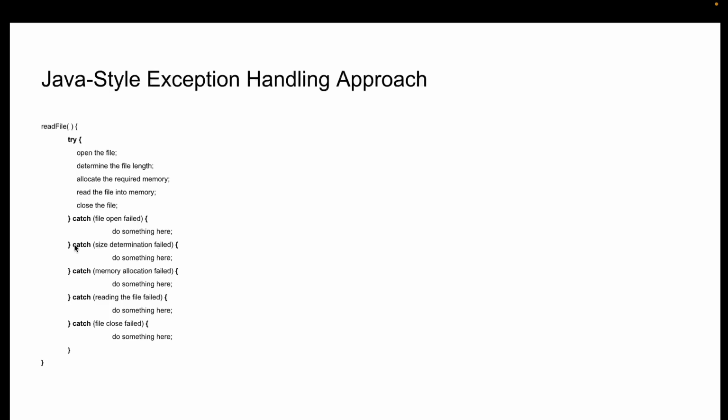Now it will further go down and see another catch block. It will see that size determination failed. So yes, we had some issue in determining the file length. So size determination failed, do something here. Whatever you write in this catch block will be handling the determining-the-file-length error, so it will get executed.